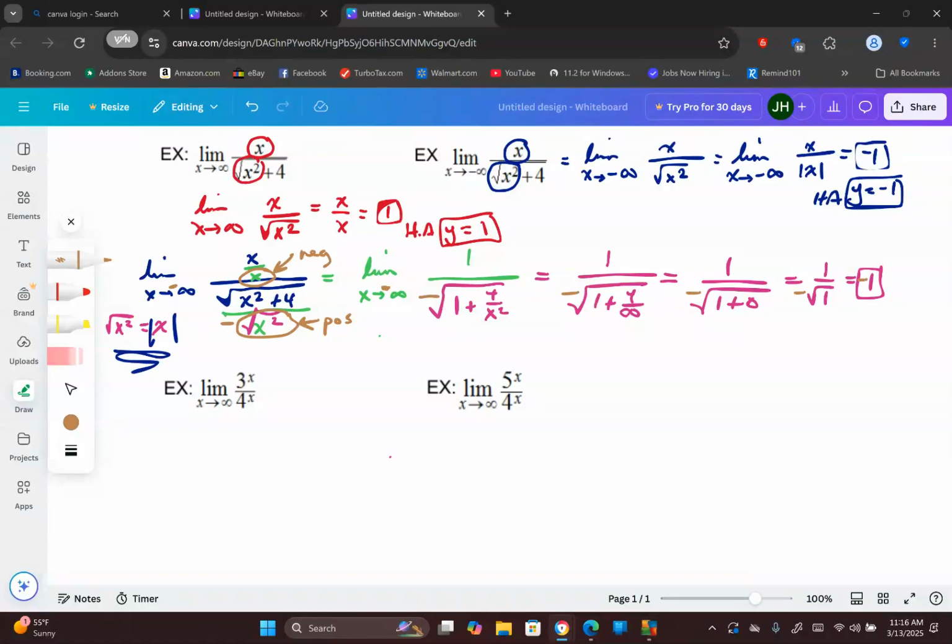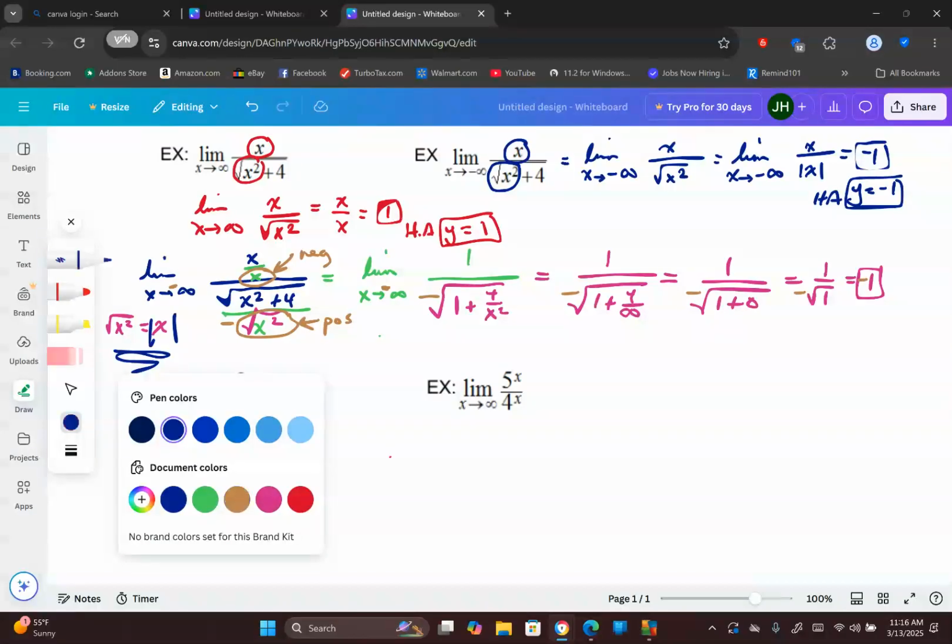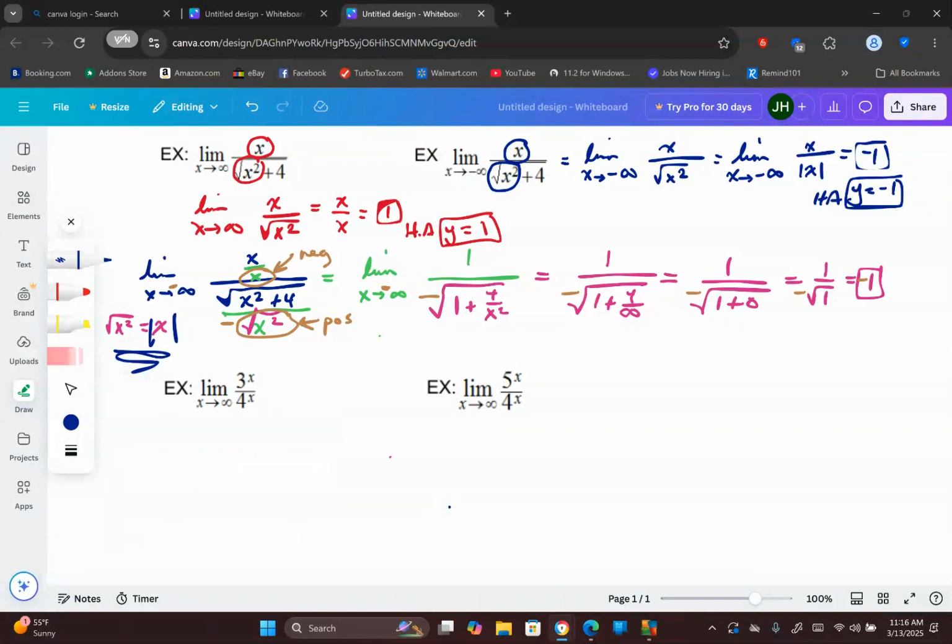Two more questions here, and I wanted to mention these while we were talking about limits at infinity. This is actually the limit as x approaches infinity of 3/4 to the x. That's an exponential function. Now, when you studied exponential functions, if the base was less than 1, this was a decay function.